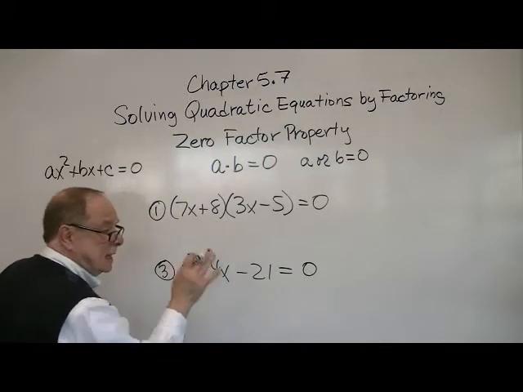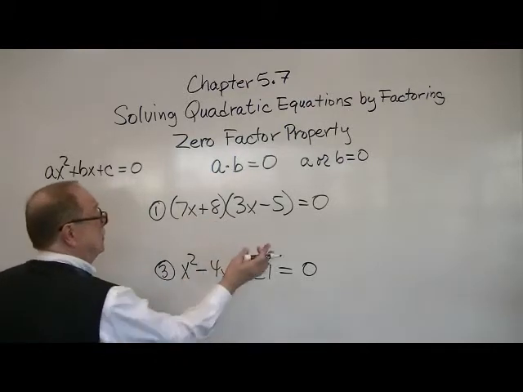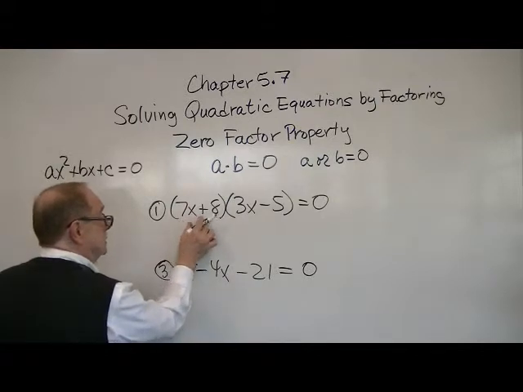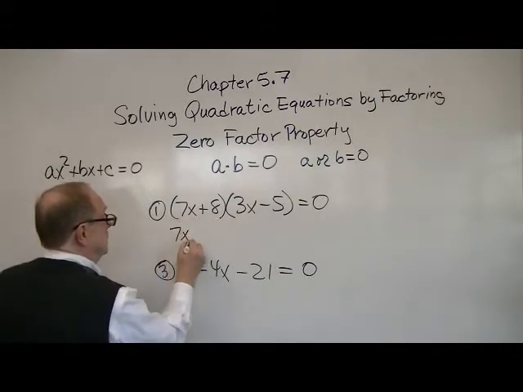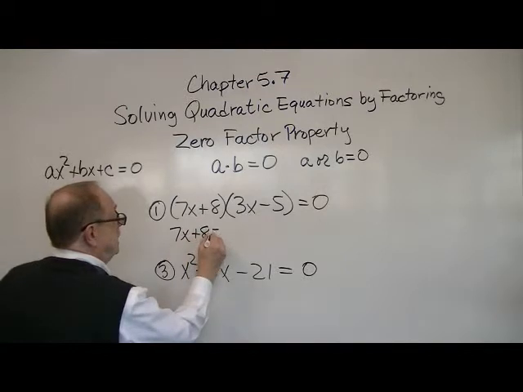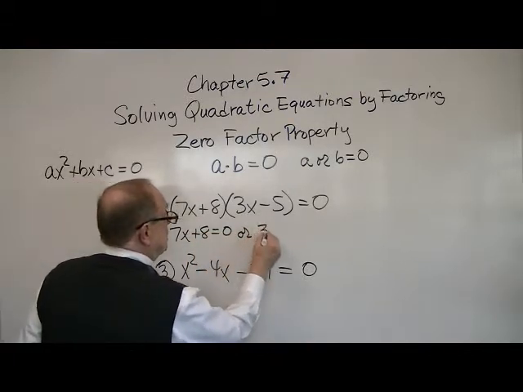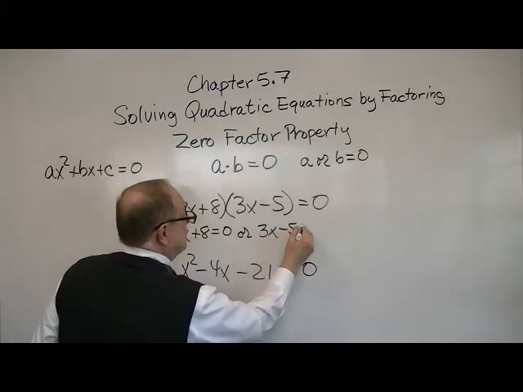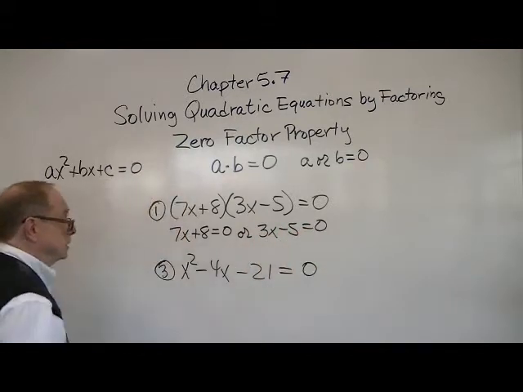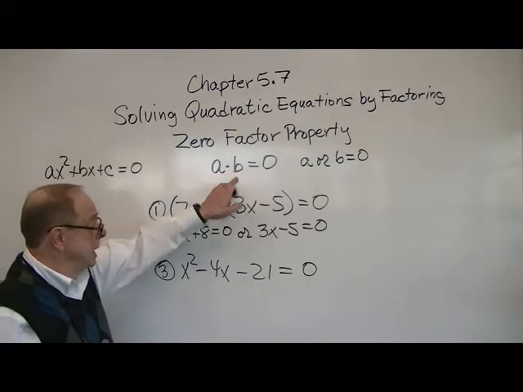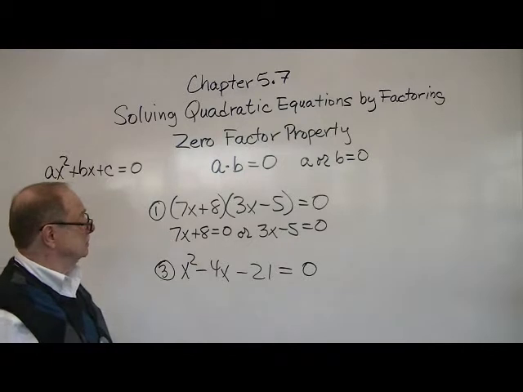So what's the technique we use for solving it? And the answer is we take each of these factors and equal it to 0.